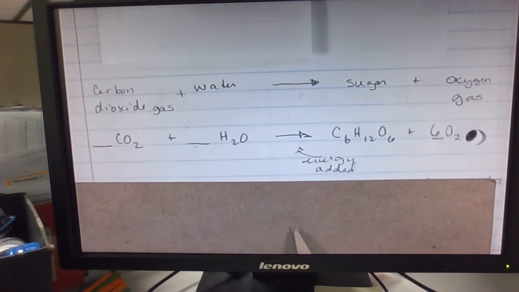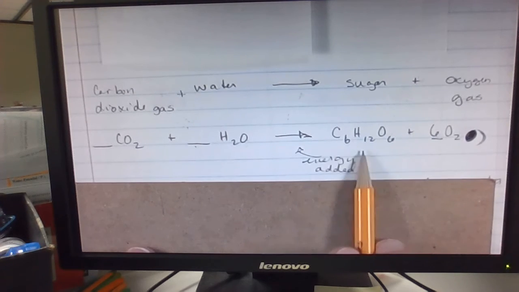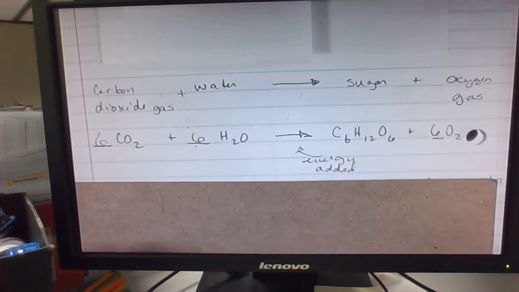Energy is added. This is our chemical formula for sugar, C6H12O6. Oh, and I guess I just need to write those in there. And yields oxygen gas.